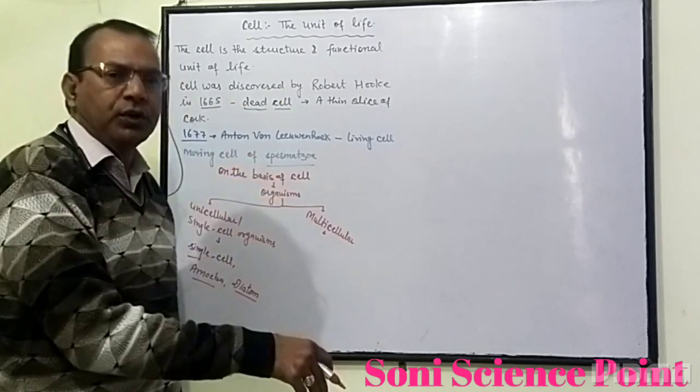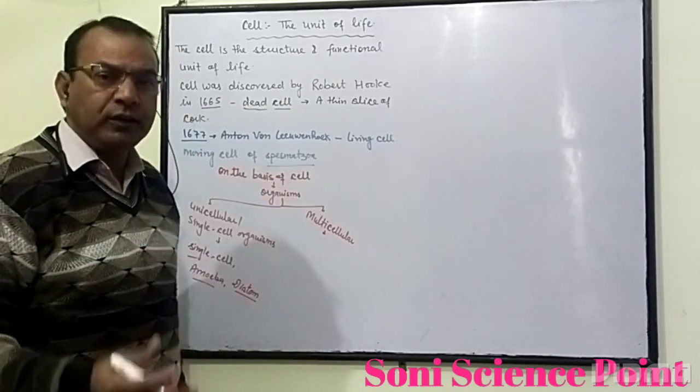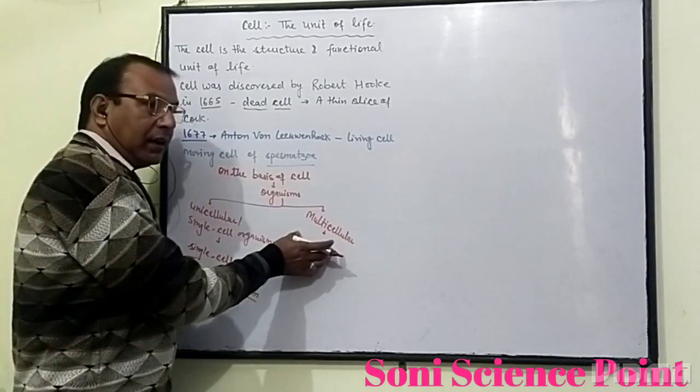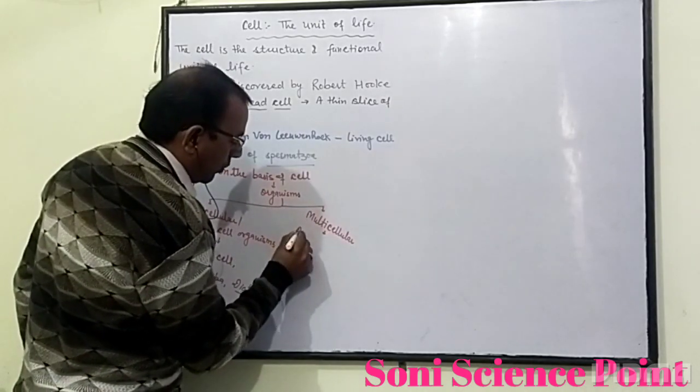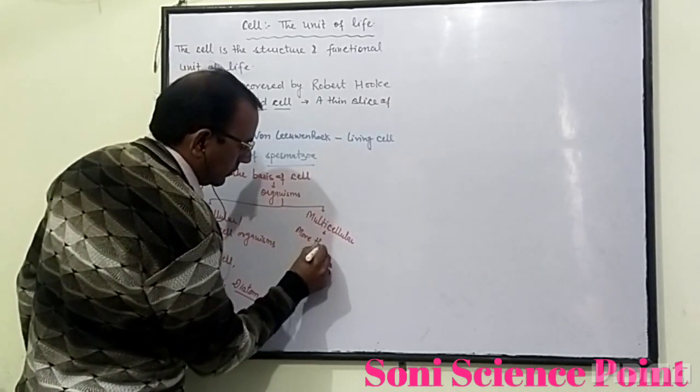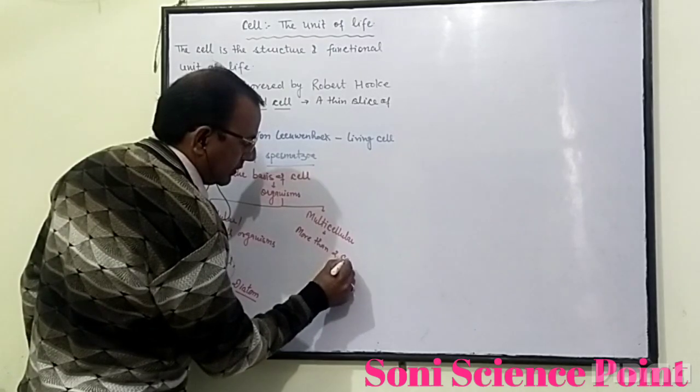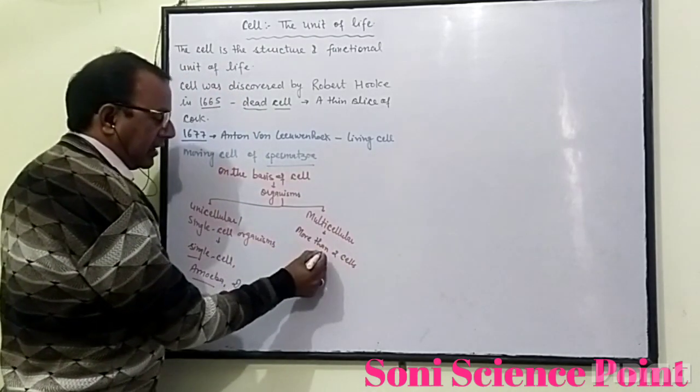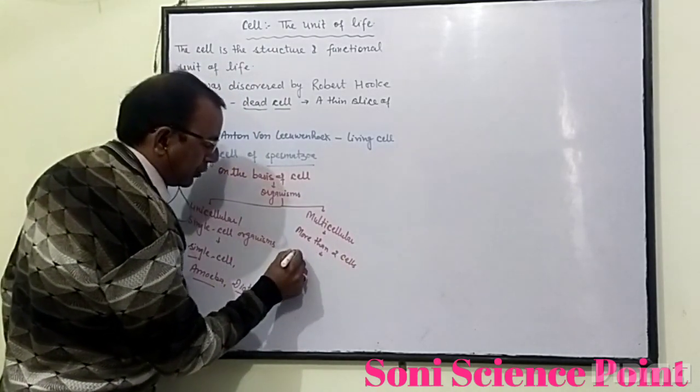The body of these organisms is made up of more than two cells, so they are called multicellular organisms. For example, human being.